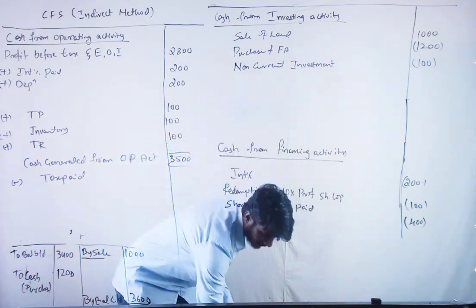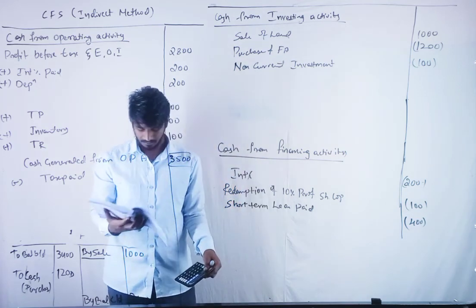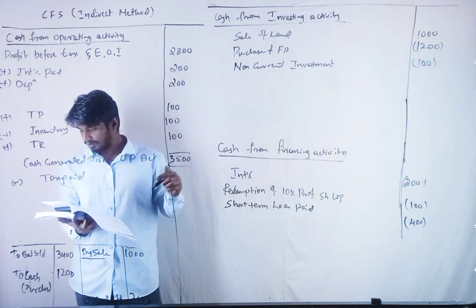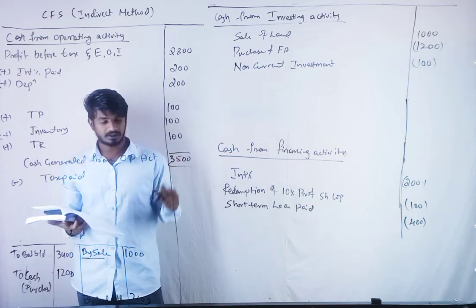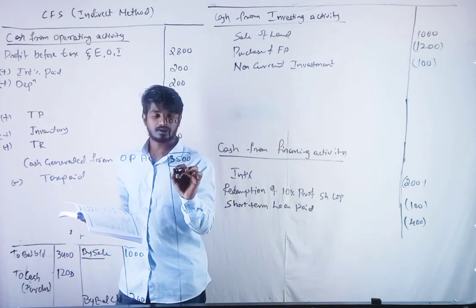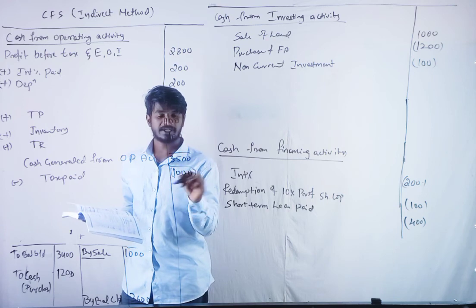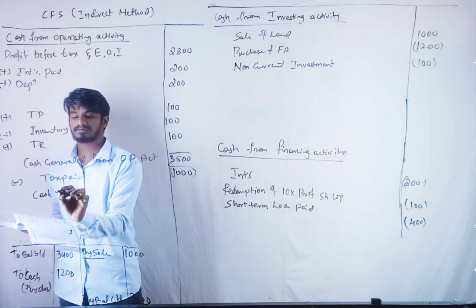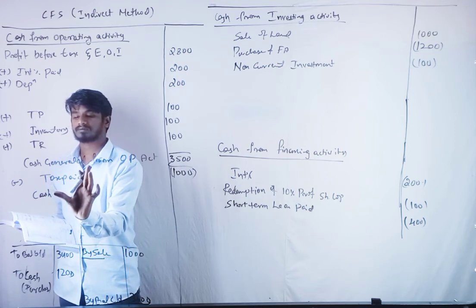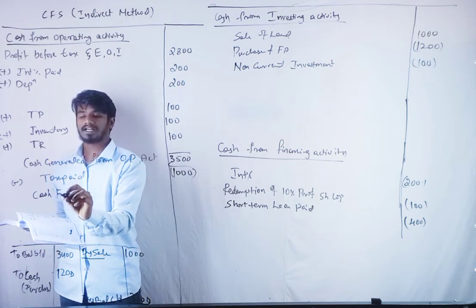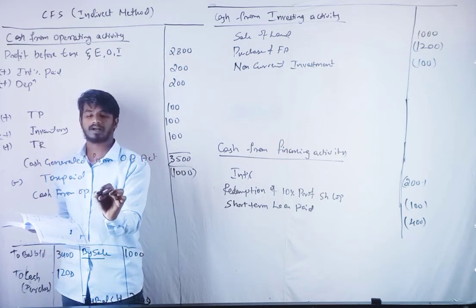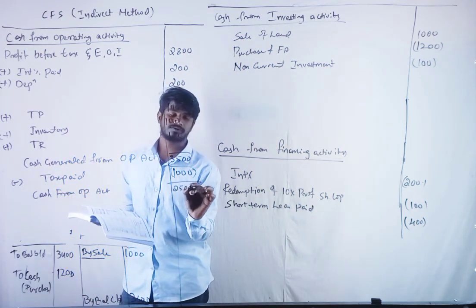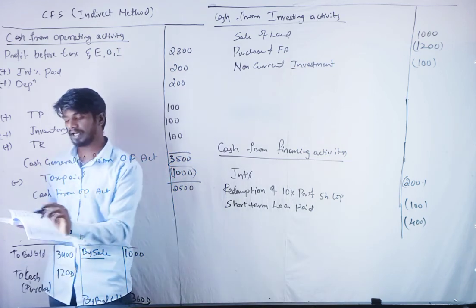Let me see. Let me have the textbook itself. Tax they have paid, 1000 rupees they have paid. We will minus that. Cash from operating activity is 2500. Is that correct?